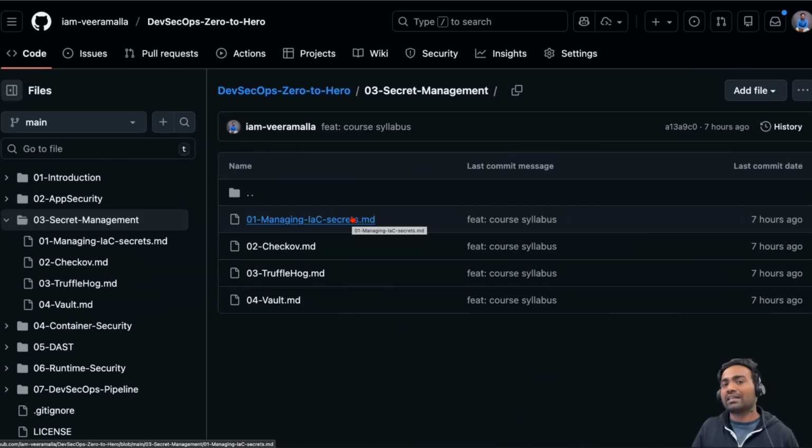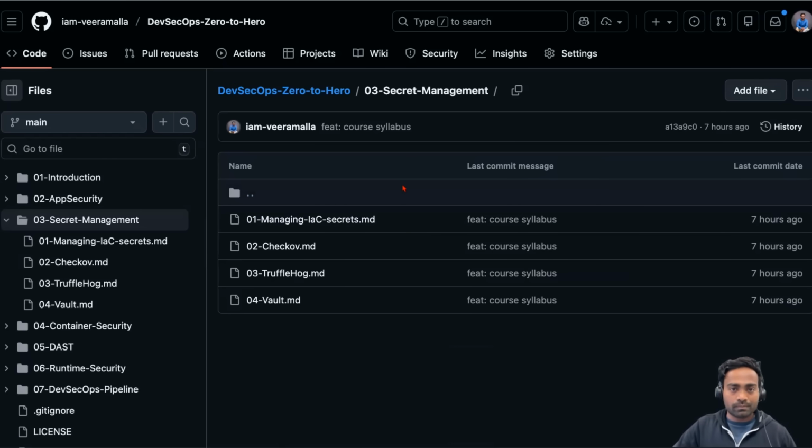As DevOps engineers or DevSecOps engineers, something that you deal with in your day-to-day life is infrastructure as code. And as part of infrastructure as code, a lot of DevOps engineers store their secrets in .env files, or they pass them through command line arguments. They paste them into plain text files, but that is not a good practice. We will learn how to manage IaC secrets in day 3.